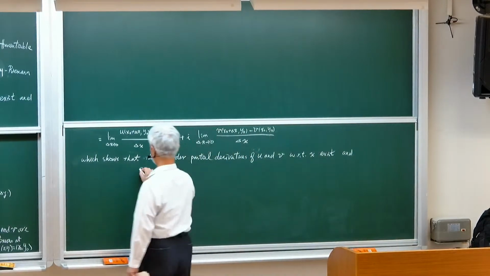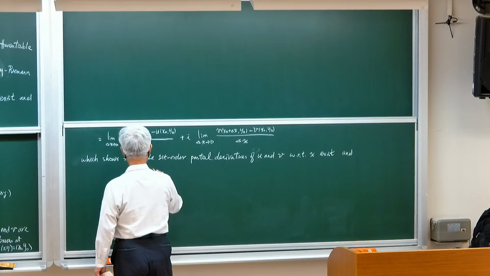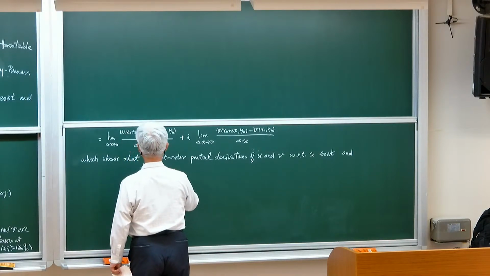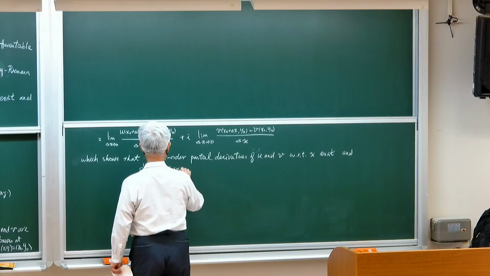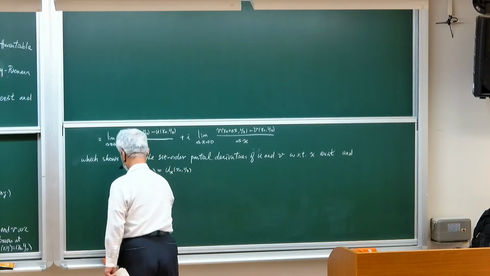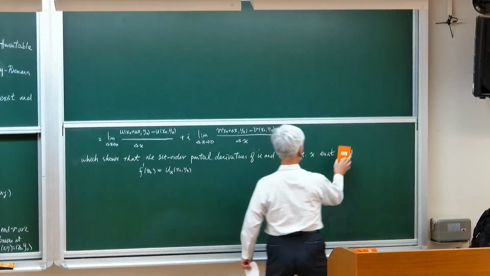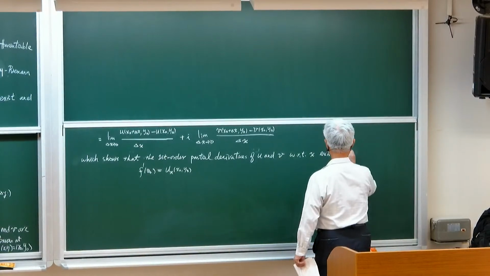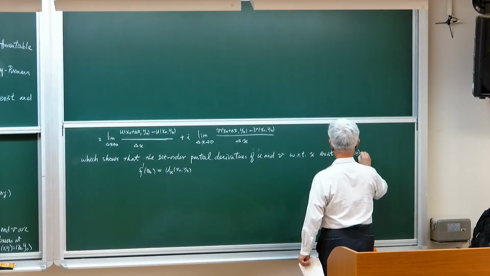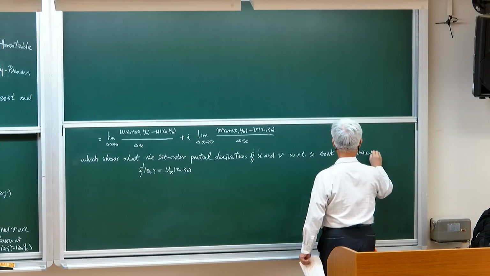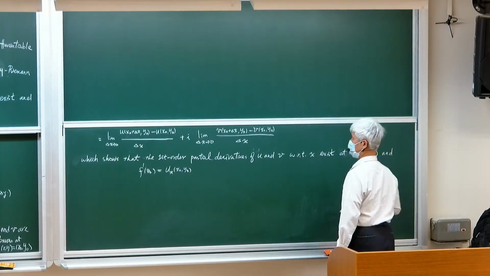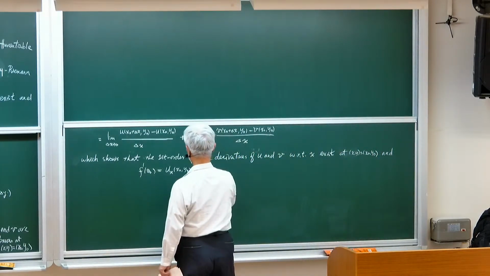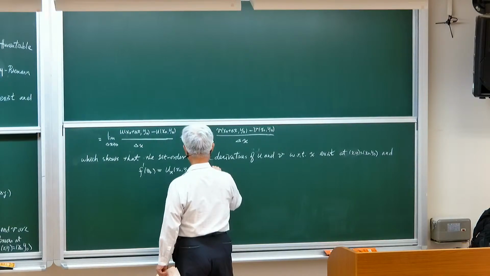And we have f prime z0 is equal to u_x(x0, y0) + i v_x(x0, y0).